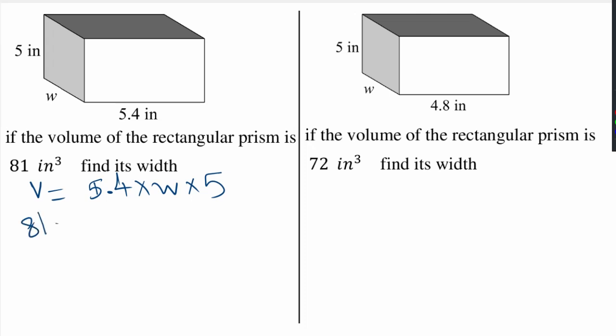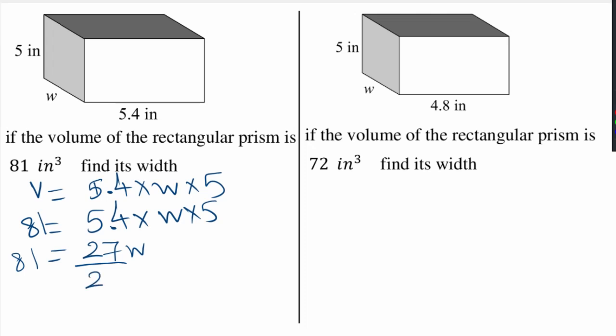So 81 equals 5.4 times width times 5. Finish your calculations. 5.4 times 5 will equal 27. Width equals 81. To get 1 W, divide both sides by 27.